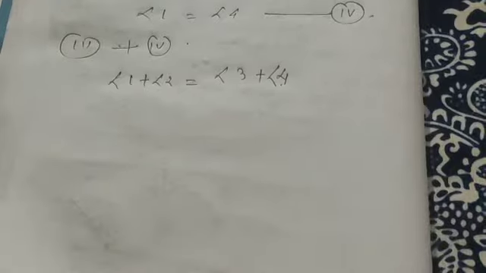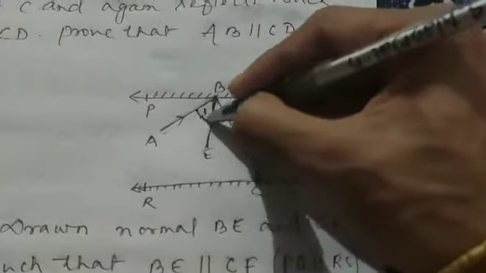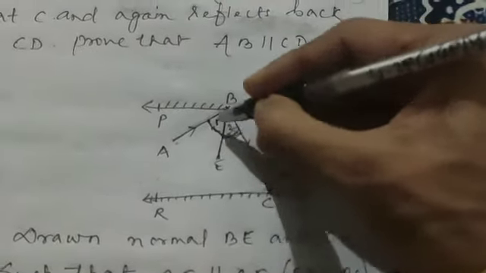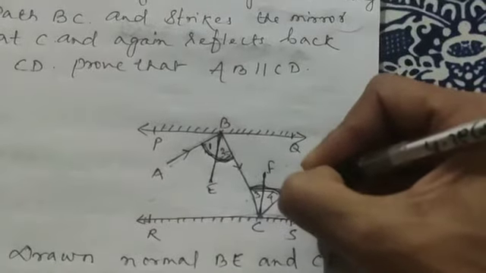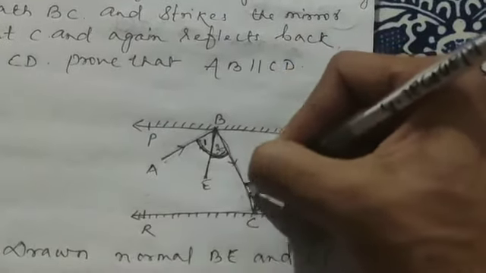Done. Now let's go back to the figure. Angle 1 plus angle 2 is equal to angle 3 plus angle 4. BC is the transversal.